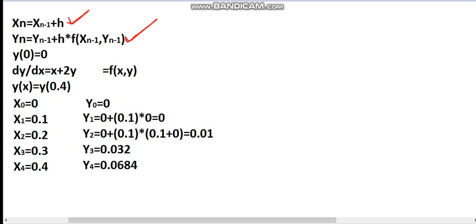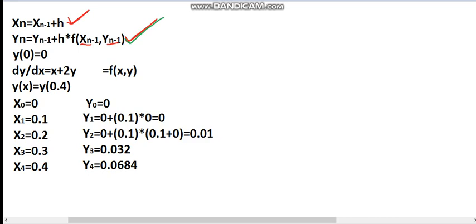So here we find the nth y value, which is given by the n minus 1th y value added with h times the given differential equation at the previous point, that is xn minus 1 and yn minus 1. If you use this equation, then we can find the nth y value. Okay, so that is our solution.